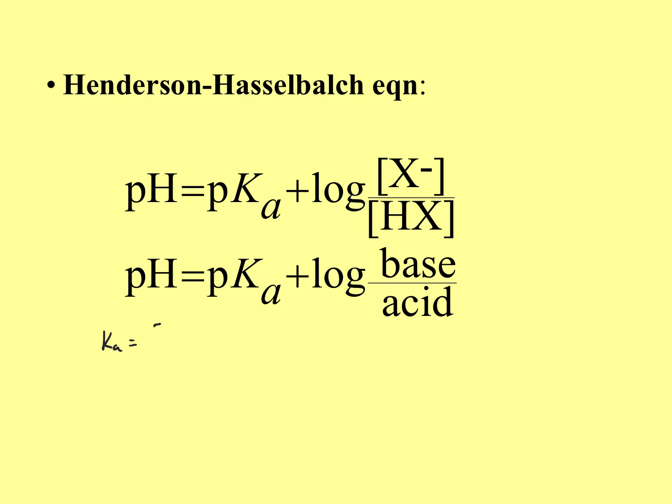So we know that Ka equals [X-][H3O+] over [HX] under the hydrolysis equation. If we take the log of both sides, that gives you log Ka equals log of [X-][H3O+] over [HX].